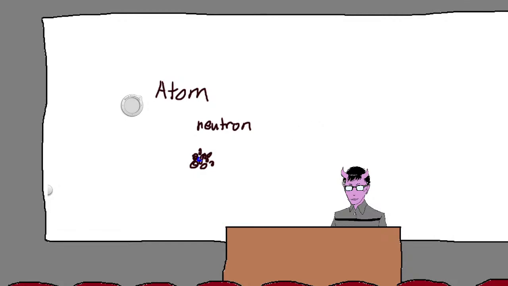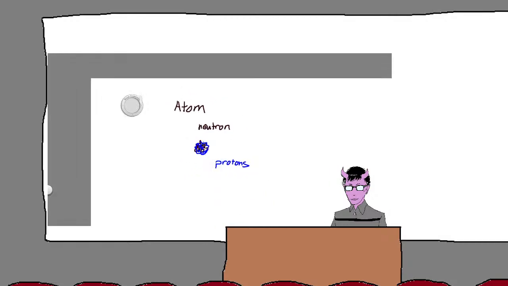Well, then we have the protons, which are assigned the positive charge arbitrarily. Protons and neutrons together make up the quote-unquote hard part of the atom, which is called the nucleus.